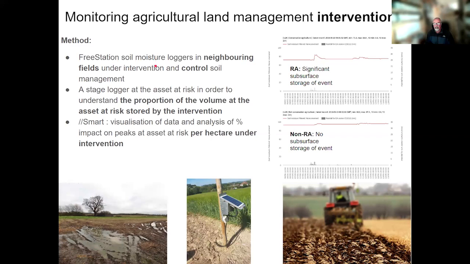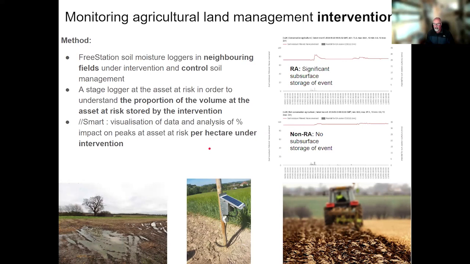And we would put moisture sensors at the edges of both of those fields, with the sensors themselves under the operational farming area. And then we would have a stage logger or discharge calculation, again, downstream of those fields, on the streams and rivers, nearer to the asset at risk.